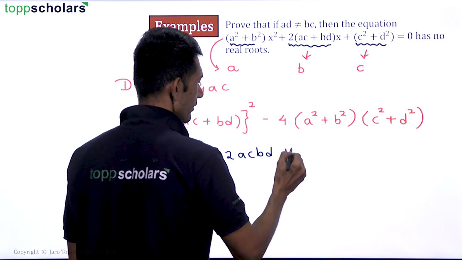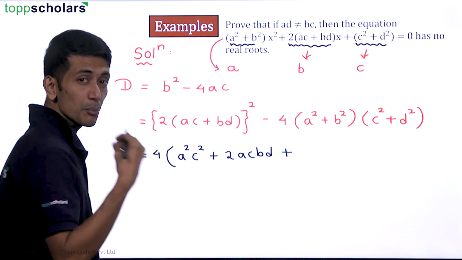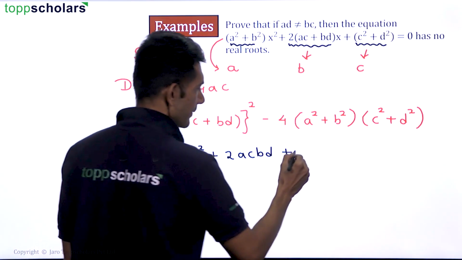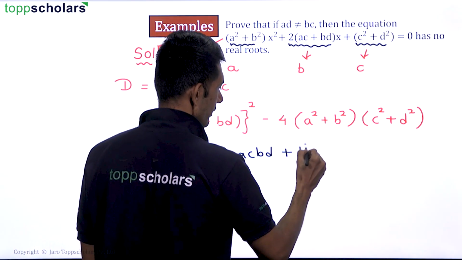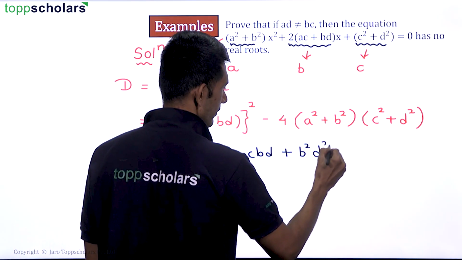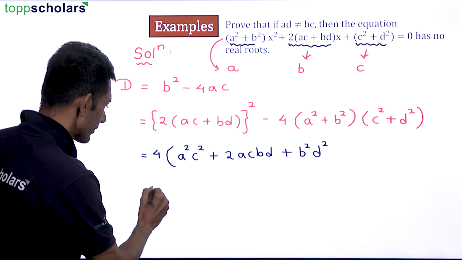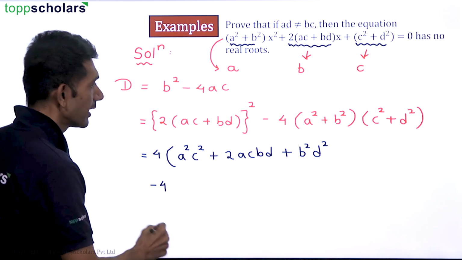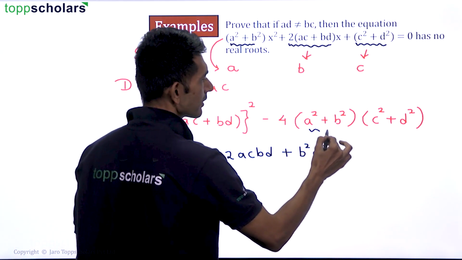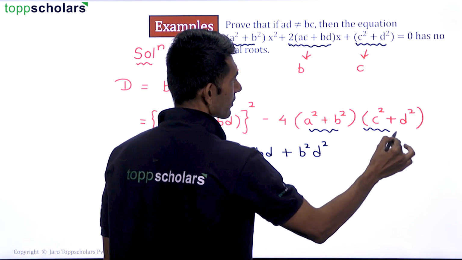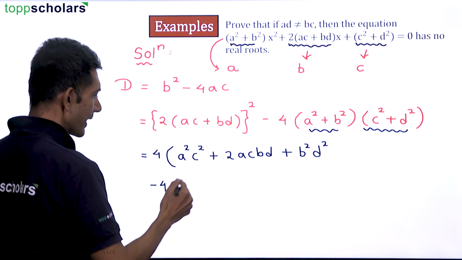Plus B square, that is B square D square. Now I'm keeping minus 4 as it is, and I'm multiplying these two brackets. So what do I get?